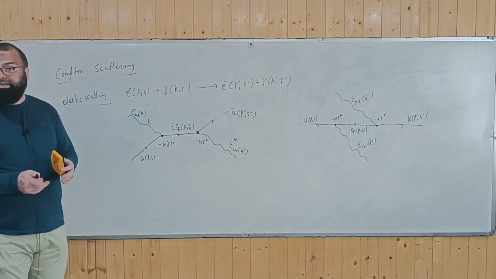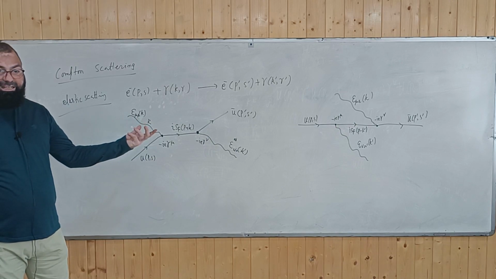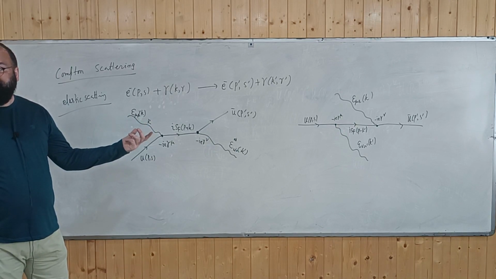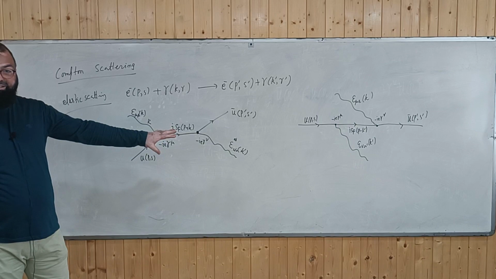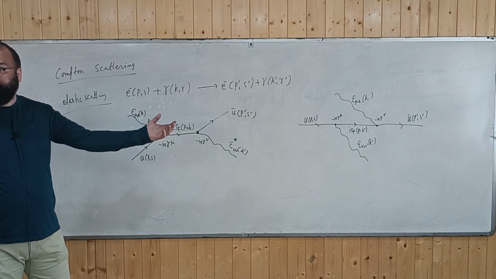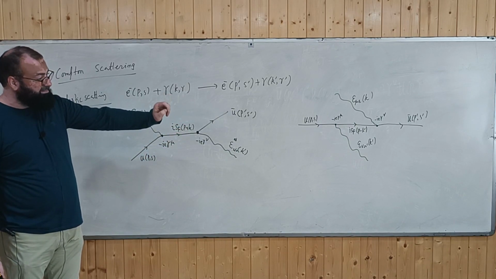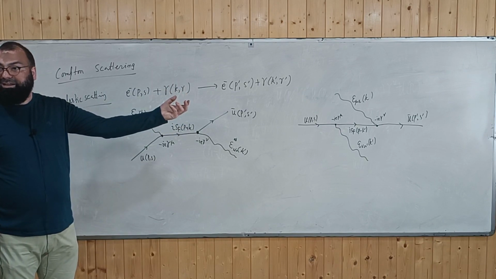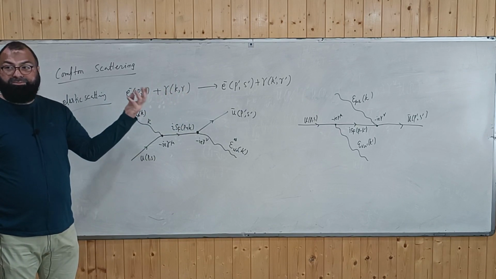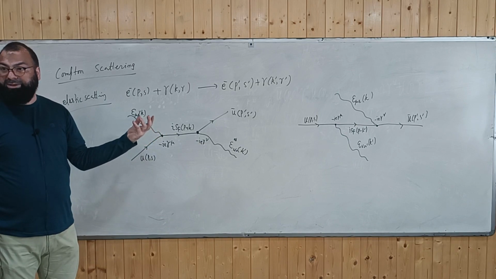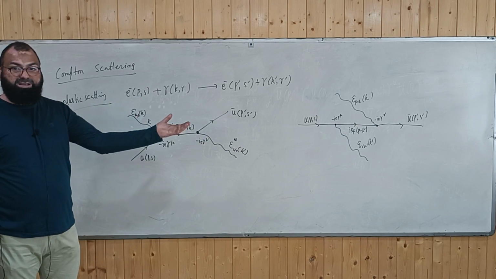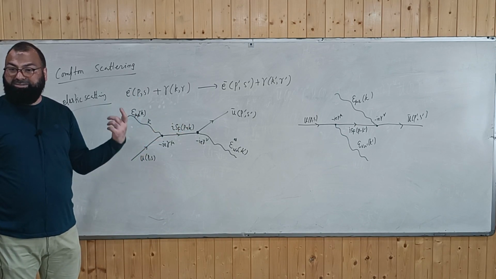You followed it? Now look here. Since there is an exchange of the photon, feel it? Photons are bosons, is it? And the initial and the final state photon: if you look at this diagram and that diagram, initial and final states are exchanged for the photon only. And photon is a boson. So when you add the Feynman amplitudes of this very process, you add with a plus sign, not with a minus sign.